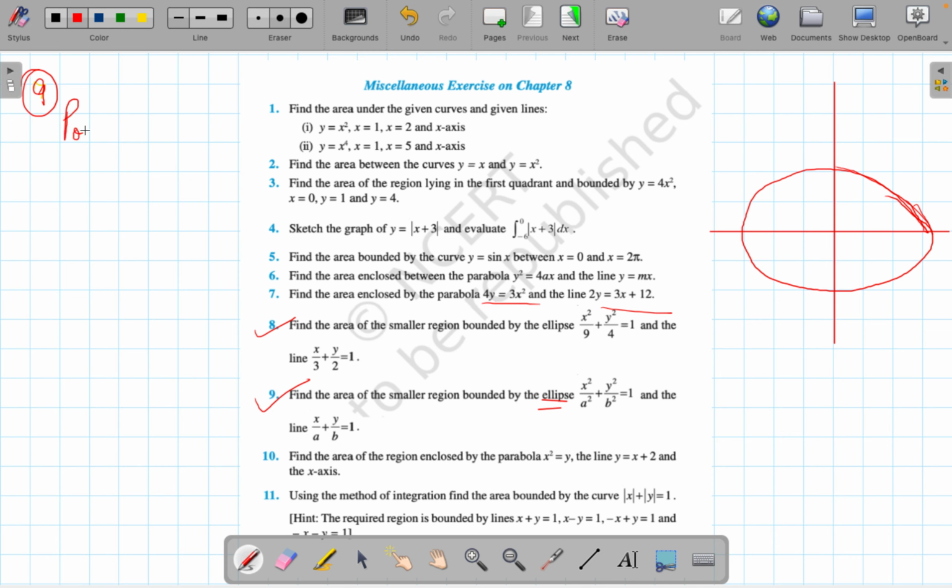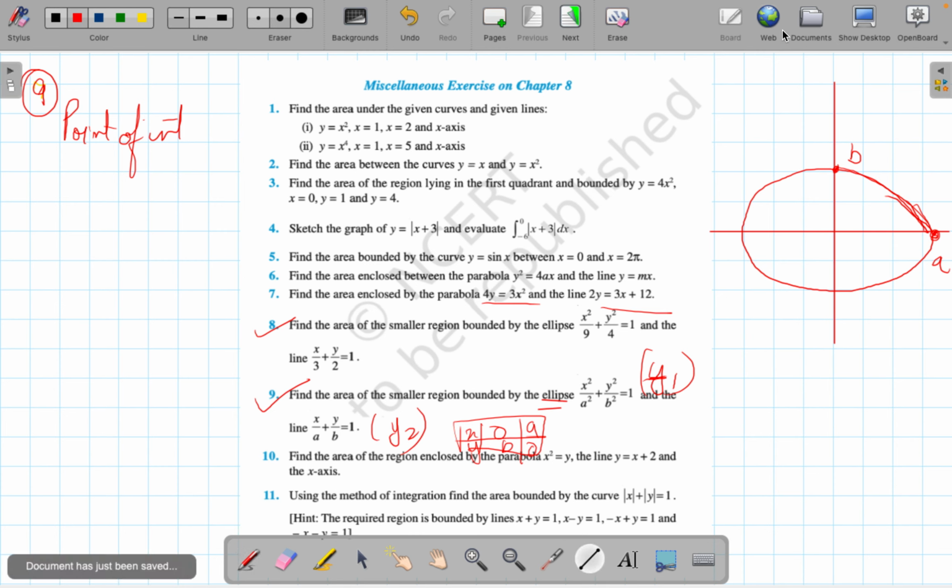Point of intersection again we have to find. Again, suppose this is y1, this is y2 line. You know that in the standard ellipse this point is A, and this point is B. If I start plotting the line, check it. x is 0. When I put x as 0, y will be B, y 0, x will be A. So from here you will see the points of intersection of the line and the ellipse.